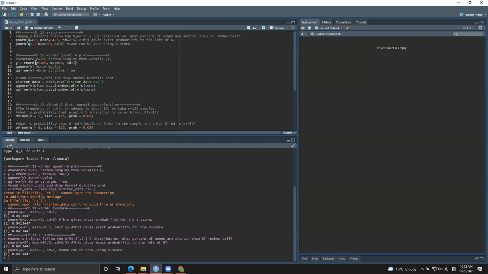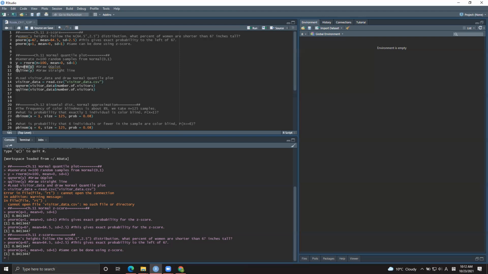So I get 100 random samples from the normal distribution, and I'm going to assign it and call it y, right? And then I'm going to use qqnorm, which is a quantile-to-quantile plot using normal distribution. That's what it means. And I'm going to plot y on it.